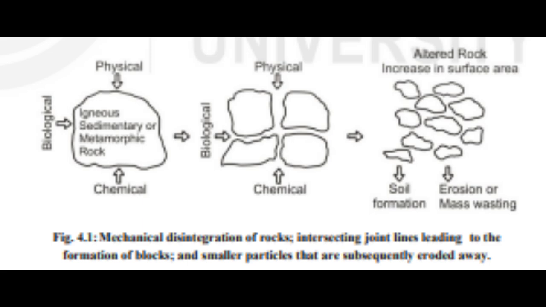Physical or mechanical weathering is the breakdown of surface rocks into smaller fragments ranging in size from large blocks or boulders to fine sand and silt. It involves mechanical disintegration of rocks without any change in its chemical composition. In the process of disintegration of bigger rocks into smaller pieces, the surface area keeps on increasing.